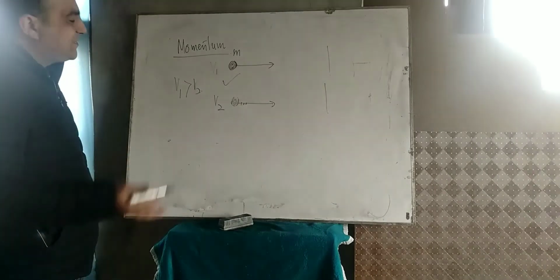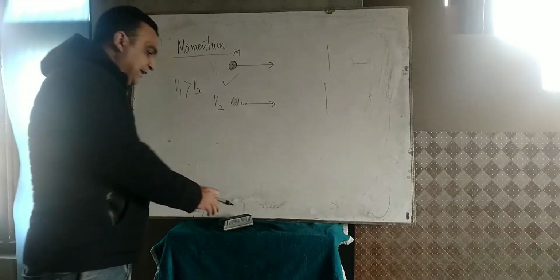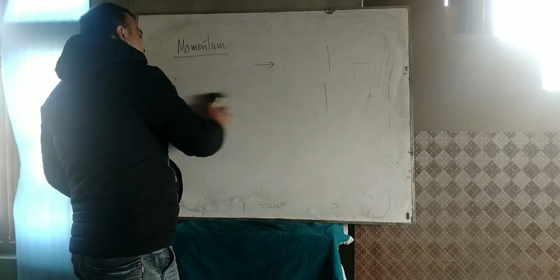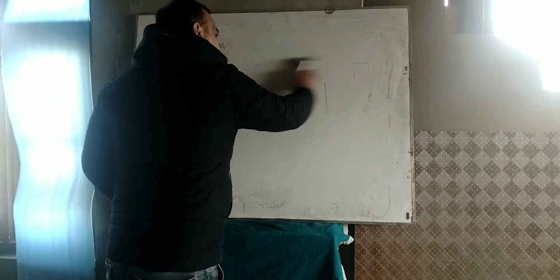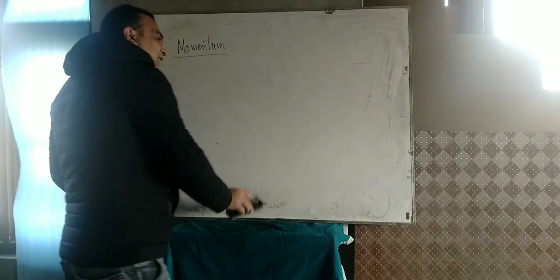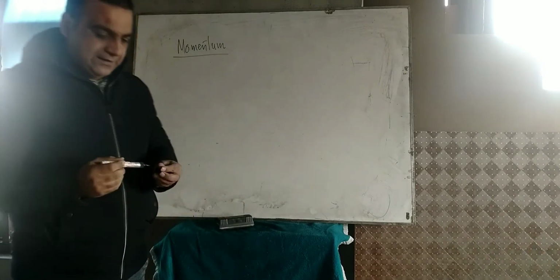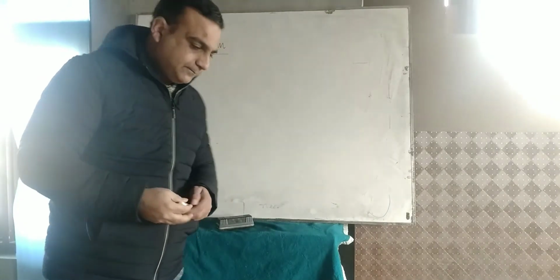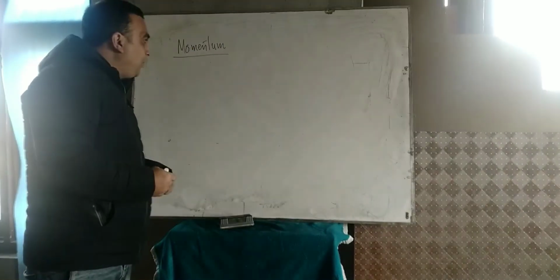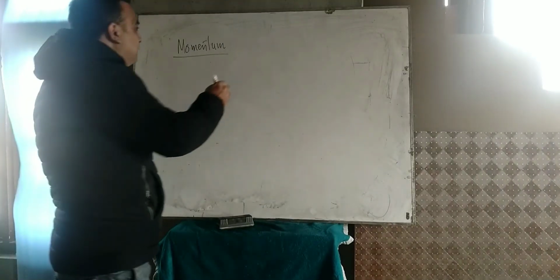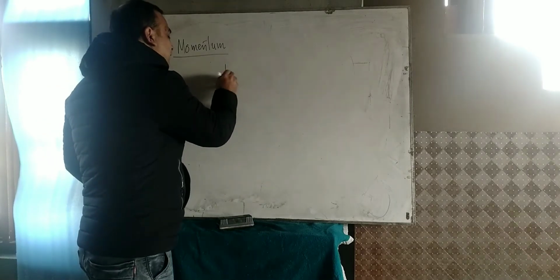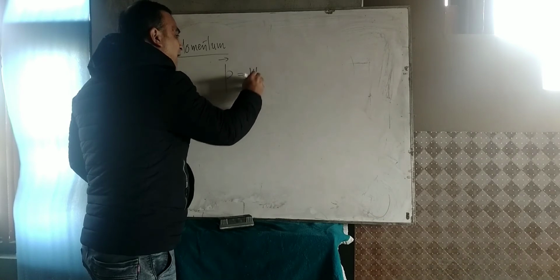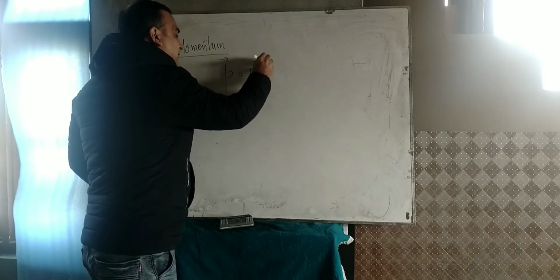So these comparisons suggest that the quantity of motion present in a moving body depends on its mass and its velocity. So numerically, this momentum, which is a vector quantity, is the product of mass and velocity.